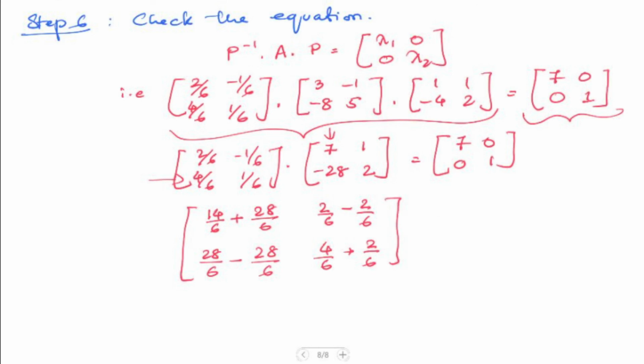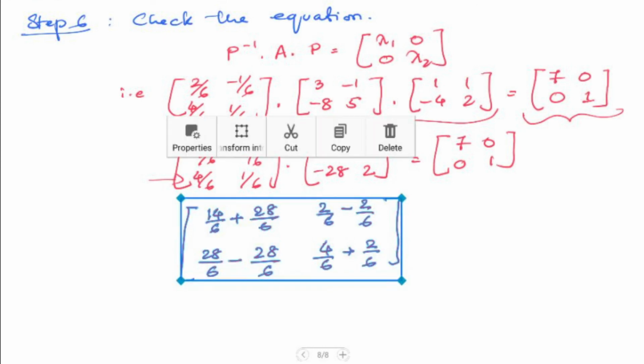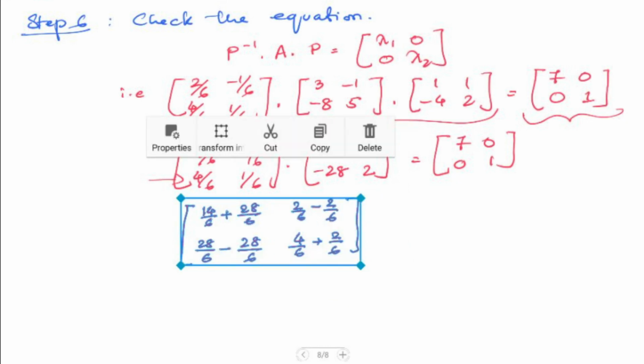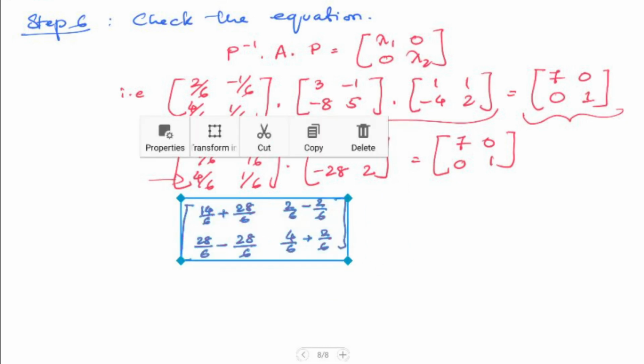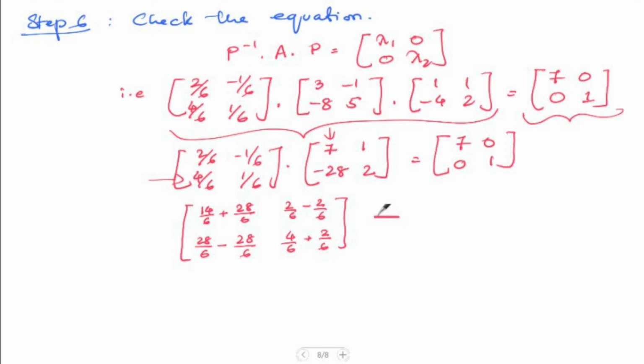Okay, so that should be equal to 7, 0, 0, 1.